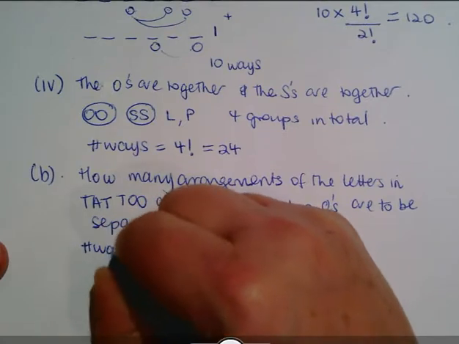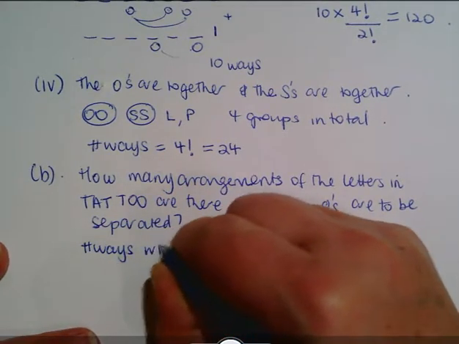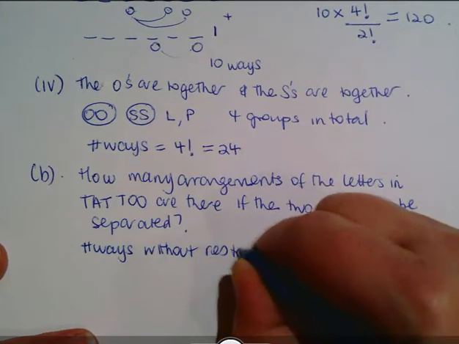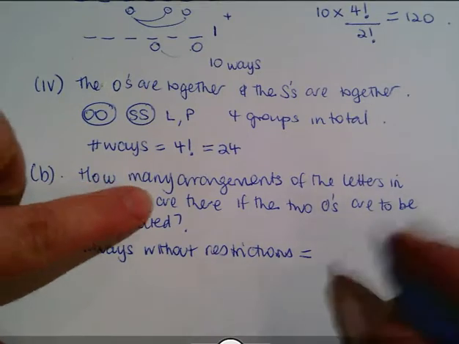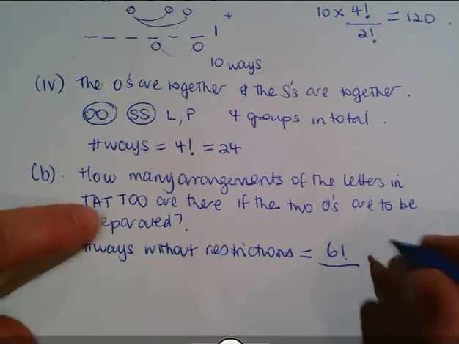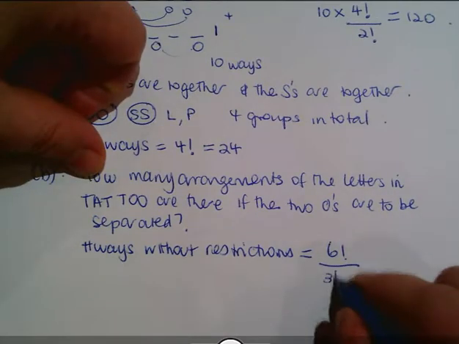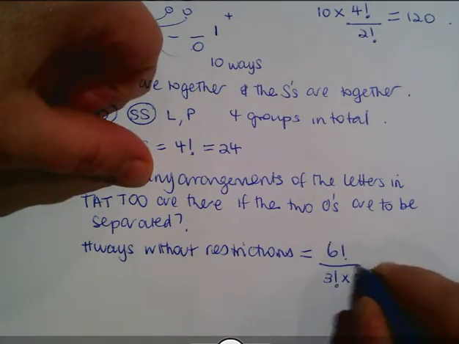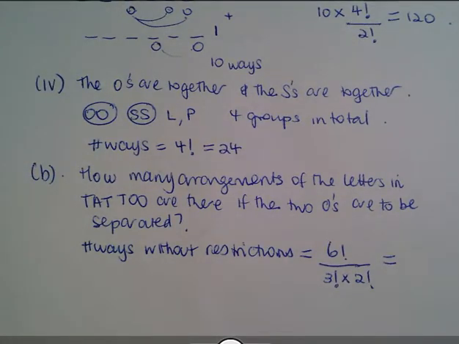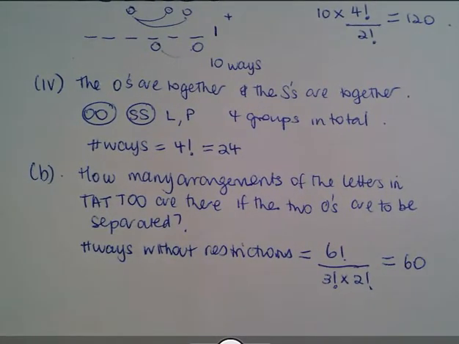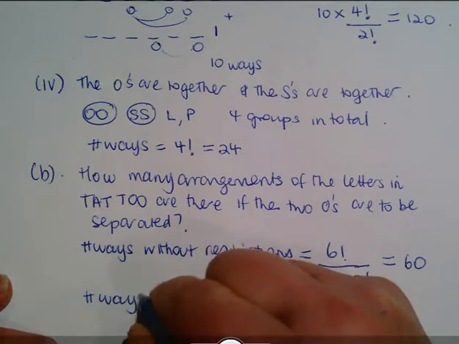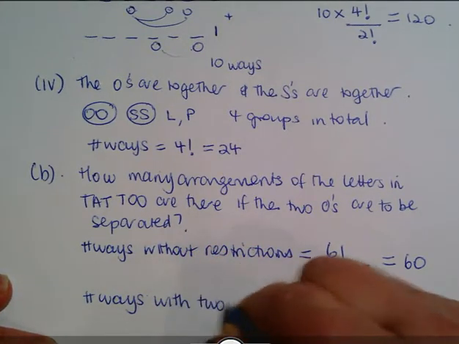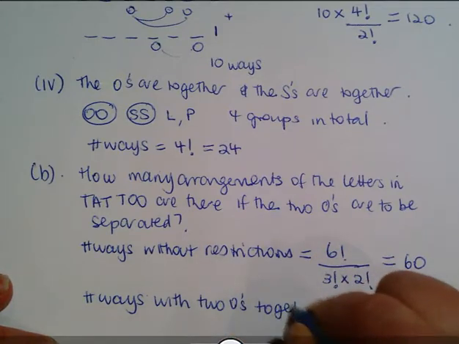So the number of ways without any restrictions, okay, there's 3 steps actually, is we've got 1, 2, 3, 4, 5, 6 letters over. Now we've got 3 T's, so divided by 3 factorial, and we've got 2 O's, so divided by 2 factorial. And I think that is 60, okay, so yes it is. Okay, so the number of ways with the 2 O's together.